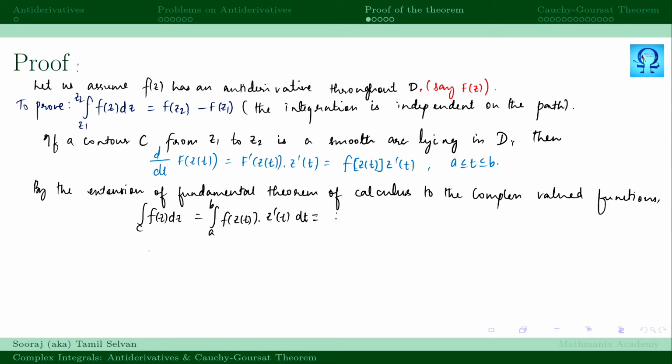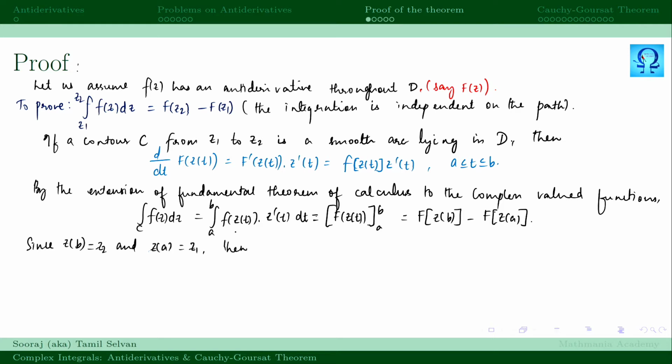So this is simply big F of z of t over the limit a to b. This would give you F of z of b minus F of z of a. Here what is z of b and z of a? We don't know what this b is, but we know this is the second endpoint. So this is z2, and z of a is z1.